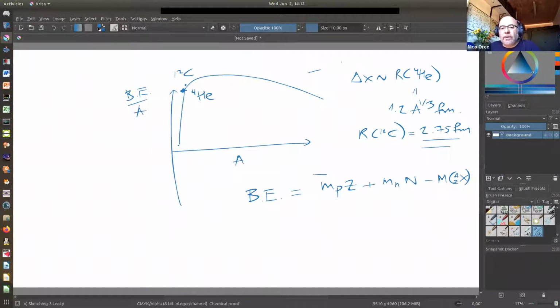And obviously all this is multiplied by c squared, with 931.494 MeV per c squared being the atomic mass unit, which we just call u.